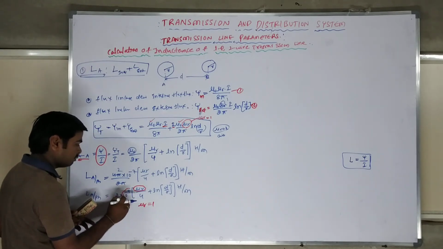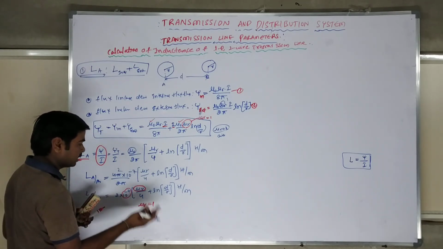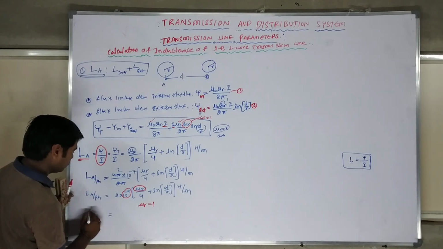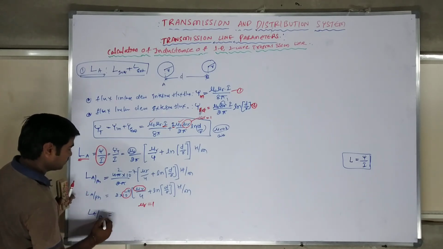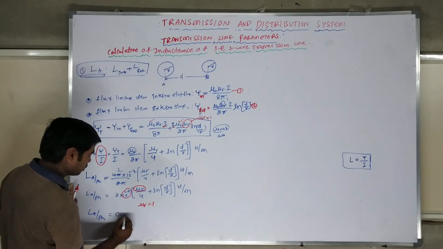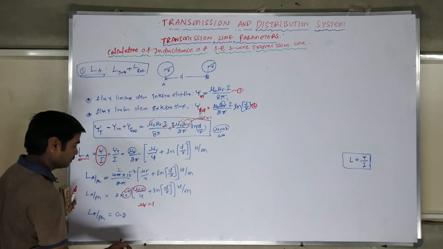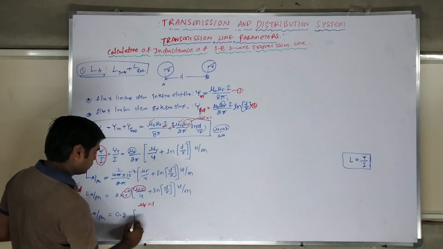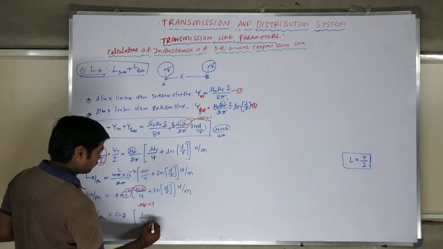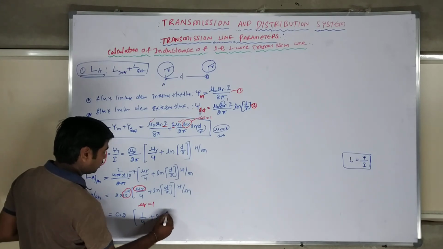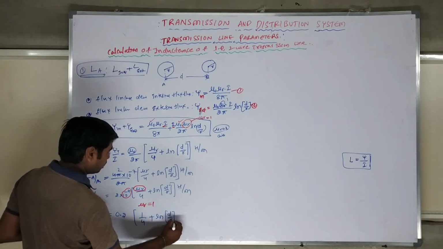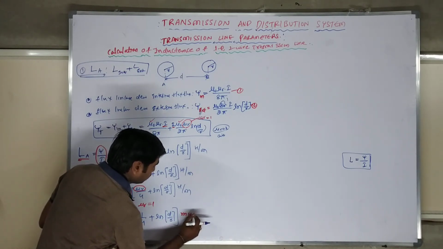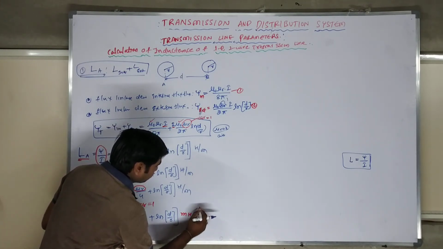Next, this 10 to the power of minus 7, I am writing as 10 to the power of minus 3 into 10 to the power of minus 3 into 0.1. So I can write directly here, inductance per phase is equal to 0.2 into 1 by 4 mu r equal to 1 plus ln into d by r, in millihenry per kilometer.